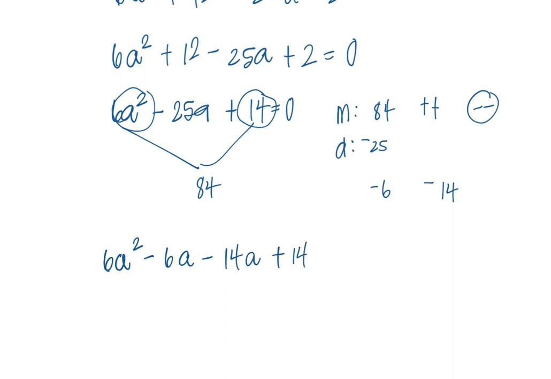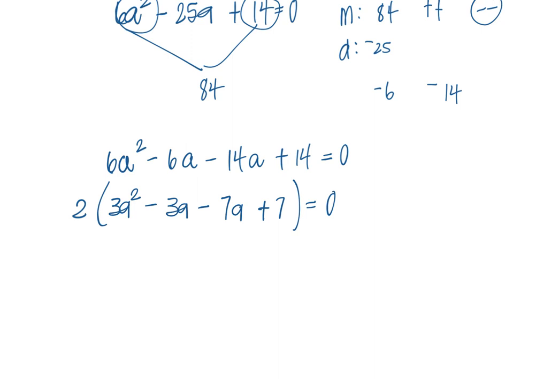So now that I have a 4-term polynomial, I would usually just go ahead and group, but just scanning over that 4-term polynomial, the whole thing has a GCF of 2. So factor that out. And now 3a squared minus 3a, group that, and group the 7a and the 7.